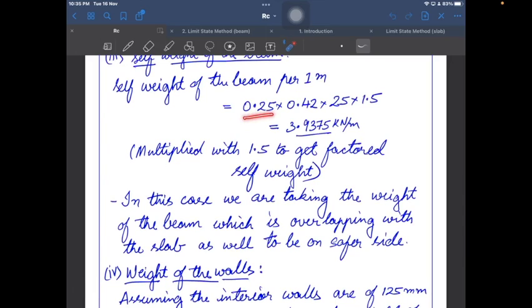So 0.25 is the width, 0.42 is the overall depth, and 25 kilonewton per meter cubed is the unit weight, and 1.5 is our factor of safety. So we get the self weight of the beam as this. I've written it down here.